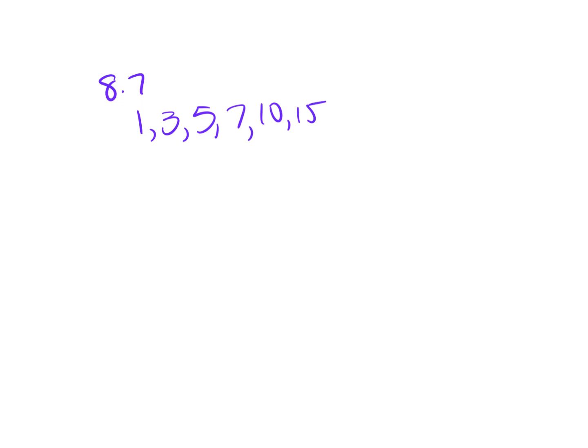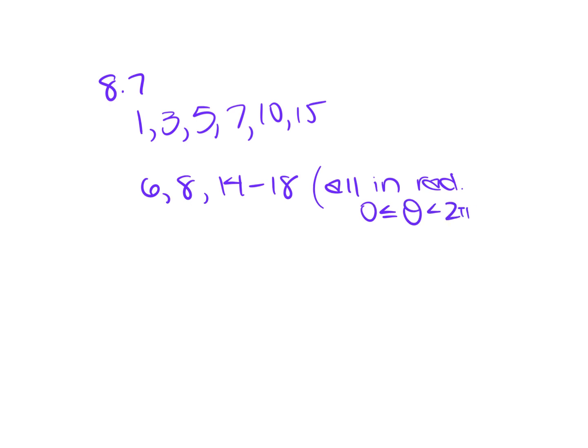And then on the second set of 2 pages, we are doing 6, 8, and 14 through 18. But make a note on that second set of pages, change the directions so that they are all in radians, 0 to 2 pi. Don't do anything in degrees. The first page says degrees, but don't do it that way.